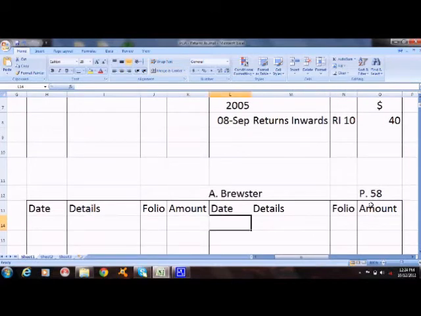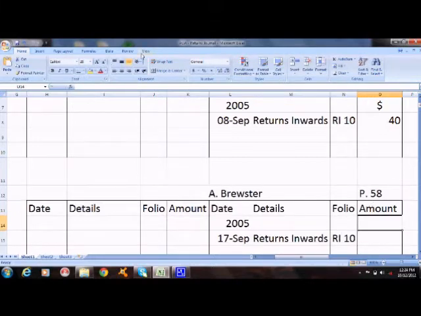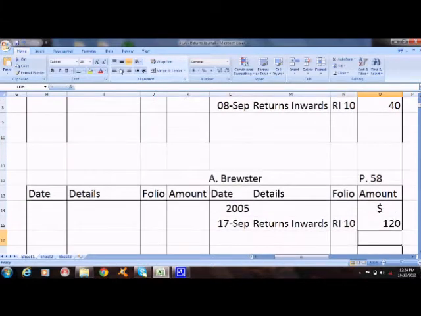We're going to make our credit entry 2005 September 17. Returns inwards as usual. Folio is what? RI10. And the amount is what, friends? The amount is $120.